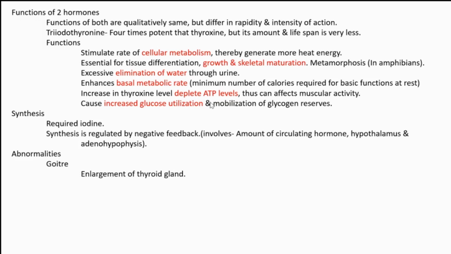And second function, it is essential for tissue differentiation, growth, and skeletal maturation. And also in the case of amphibians, like frogs, it helps in metamorphosis. Metamorphosis is gradual morphological change during the life cycle.